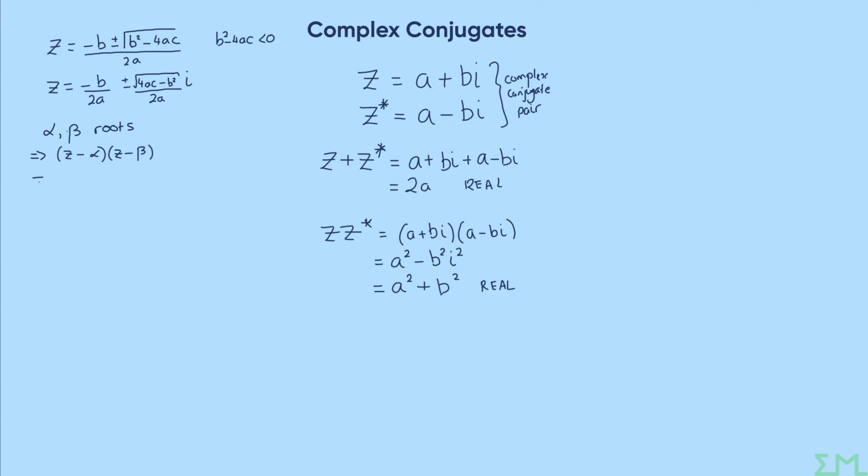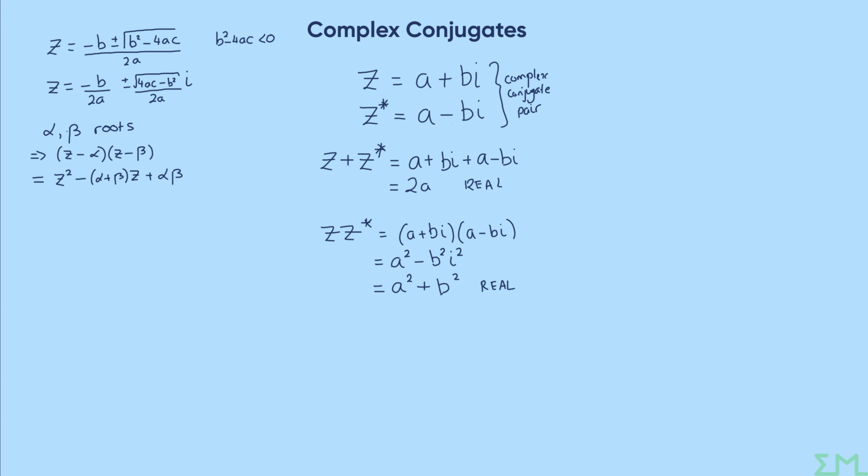That means that the original quadratic that these roots came from must be z squared minus (alpha plus beta) z plus alpha beta. This basically means that if we know the two roots of a quadratic, then we add them together to get the negative coefficient of z, and we multiply them together to get the constant term on the end.